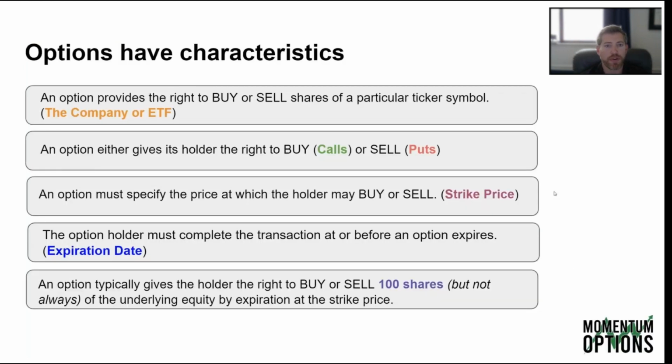So options also have characteristics such as, what kind of option is it? Is this a call option? Is this a put option? On what stock are we trading these options? So we'll have, say, a SPY call with a strike price of 500 and an expiration date of this Friday, which gives us the control to buy 100 shares of SPY at 500 by Friday, if we choose, if the option has value at expiration.